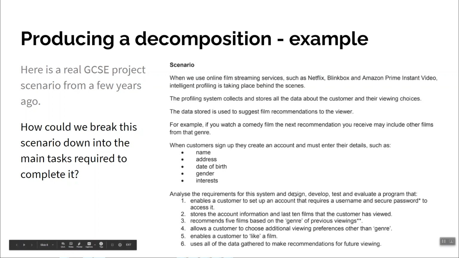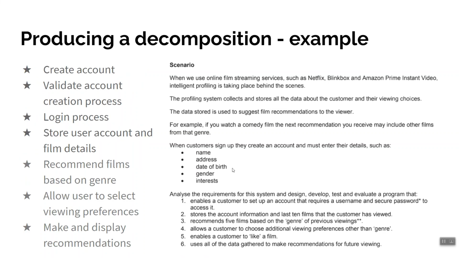Okay, so hopefully you've had time to do that and break it down into chunks. Let's have a look at some possibilities. So what I thought, and again, you might have thought different ones than me, but this is only an example, so it doesn't really matter. On the basis of this, I would need to have some code to create a user account, then validate that account when it's set up. You need to handle somebody logging into that account, storing it in a file.